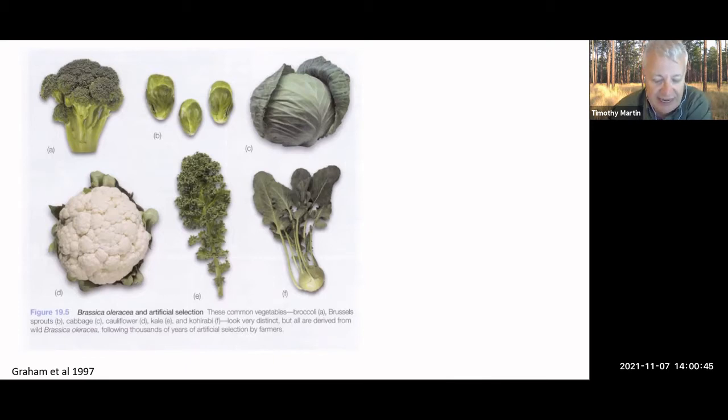So how does that genetic variation arise? All of the genetic variation that we see arises from mutation and recombination. So mutation is just somewhat random changes that occur due to mistakes in the genome.